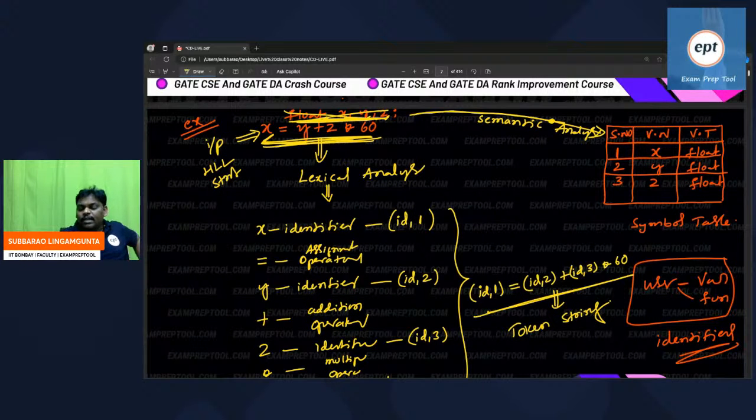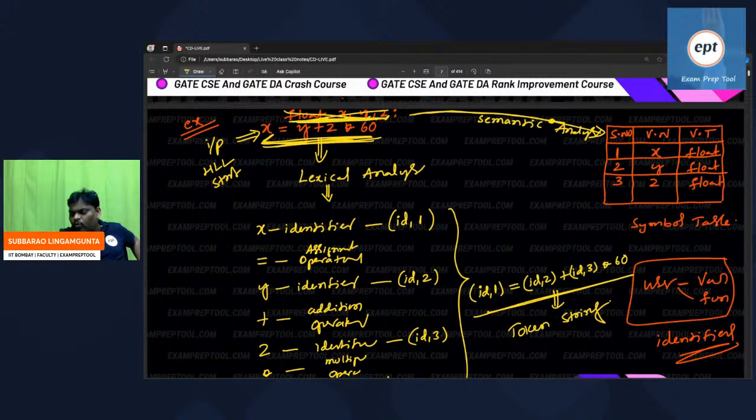Next, the lexical analyzer: what is the input? High-level language. Output, token string. Why is a token not given to everyone? Known people, you don't give a token. Unknown people, you will give a token.